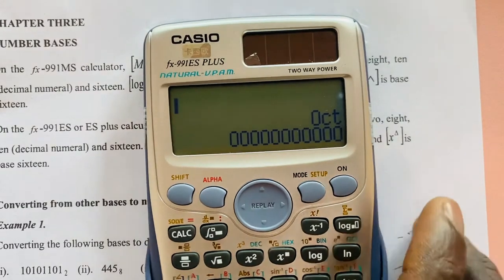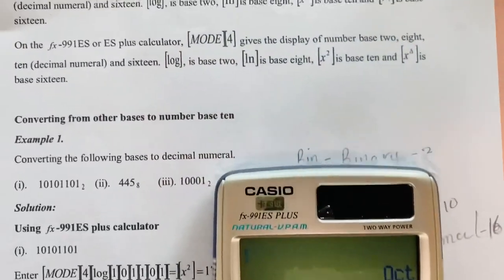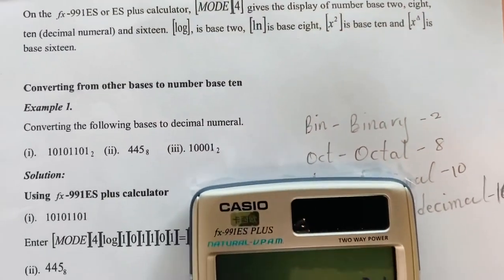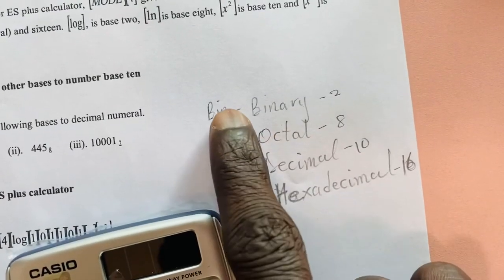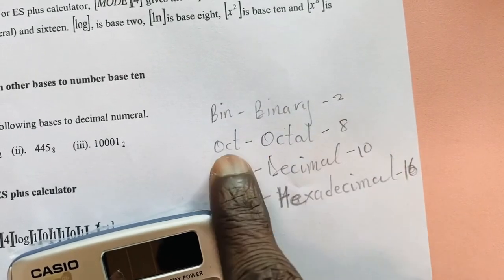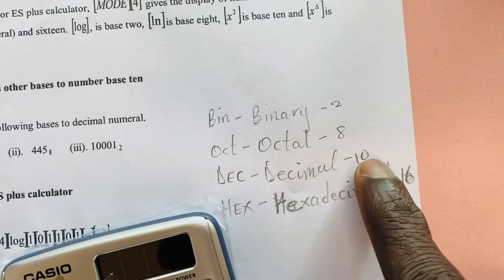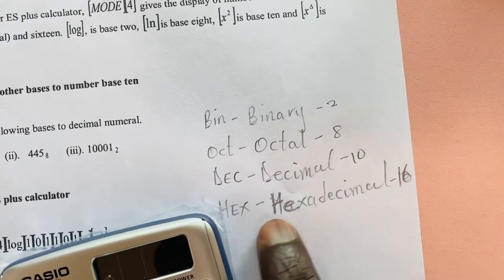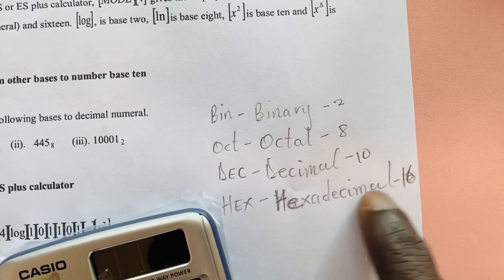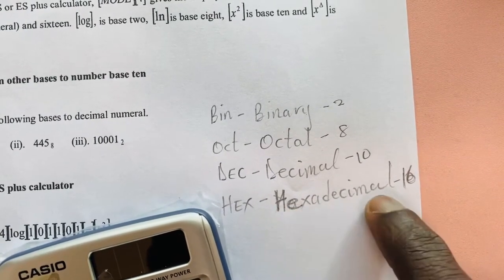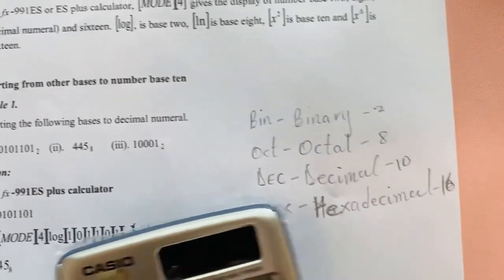So now let's move on to our ES plus calculator and see how we can deal with examples, using it to solve them. As I also wrote here, binary is base 2, octal is base 8, decimal numeral is base 10, and hexadecimal is base 16: hexa 6, decimal 10 gives 16 number base.